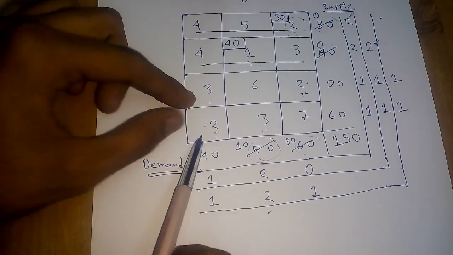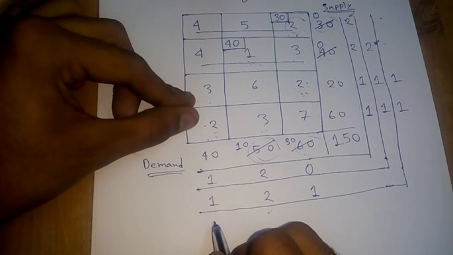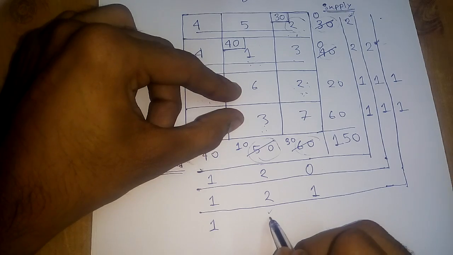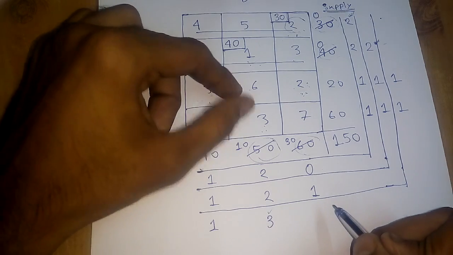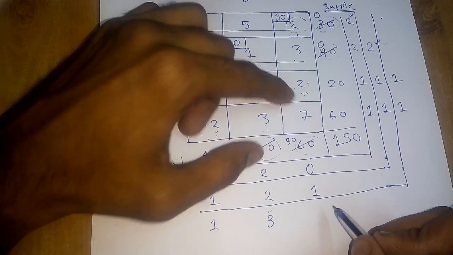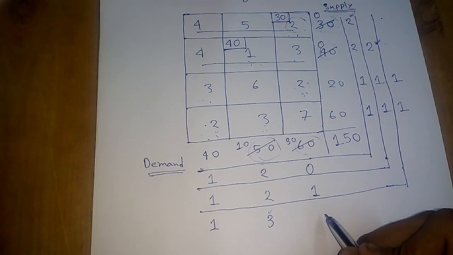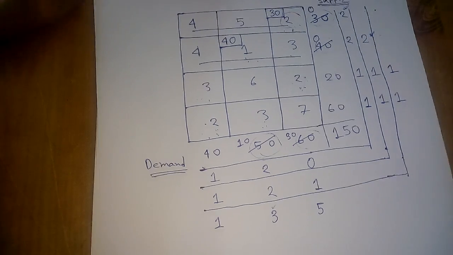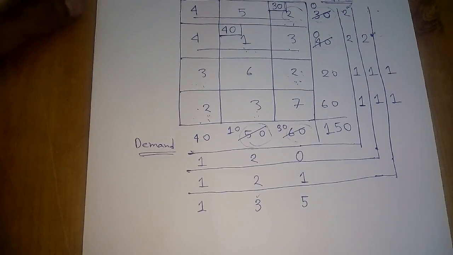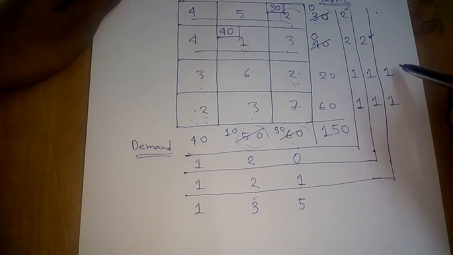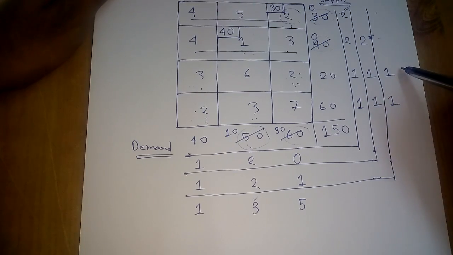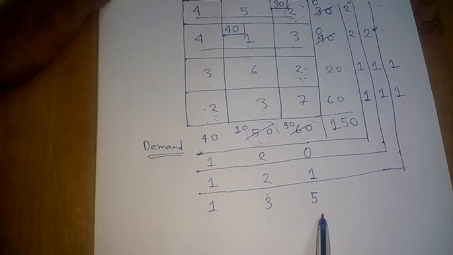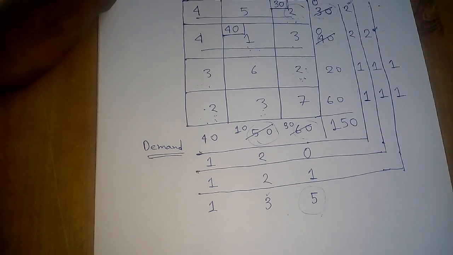From 3 and 2 the difference is 1. From 3 and 6 the difference is 3. From 2 and 7 the difference is 5. So what is the maximum penalty here? In the row section there are 1 and 1, and in the columns 3, 1, 3, 5. The highest penalty value is 5.